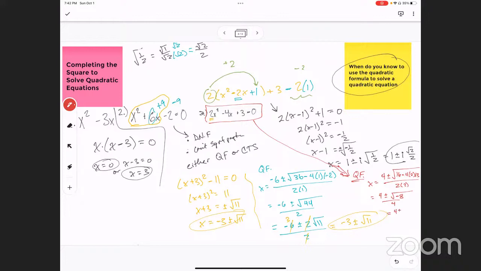That's going to simplify into 4 plus or minus i 2 root 2 all over 4. And then these are going to cancel out, the 4 and the 2 and the 4, and there's going to be a 2 and 2. So this is just 2 plus or minus i root 2 over 2, which is the same as what we did up there. It's just not distributed. It's the same thing. Yeah.